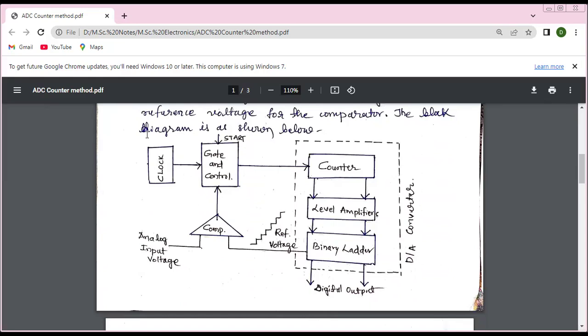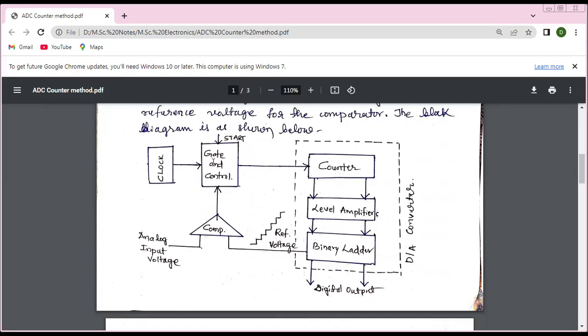So in this block diagram, this clock will be there. Clock means any circuit which produces square waves continuously. It can be some fixed frequency clock, so that comes out continuously.